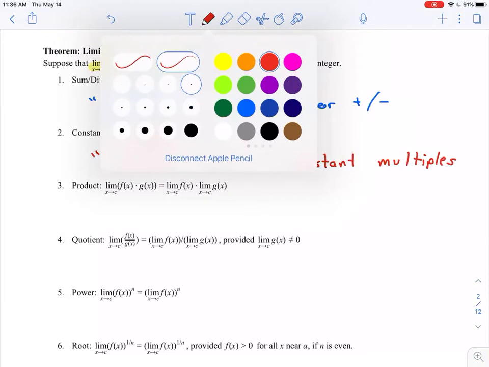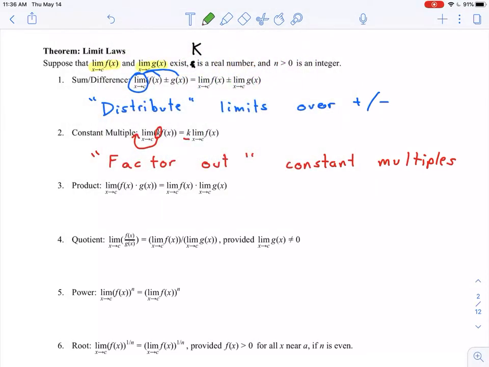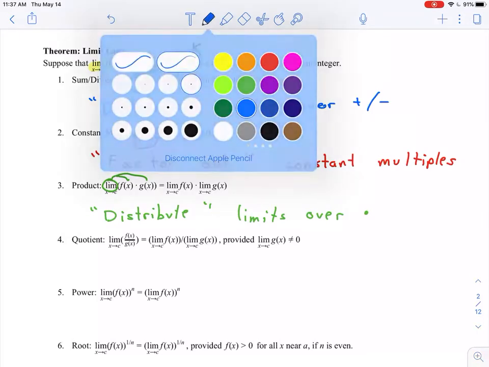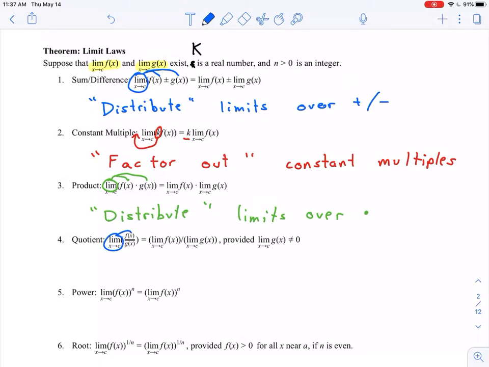The third and the fourth, we've got the product rule and the quotient rule here. Very similar again. The product rule essentially says I can take this limit and distribute that over multiplication. So again, we can, quote, distribute limits over multiplication. The quotient rule is a little bit harder to see because I changed the notation just so it wouldn't be too small. Essentially, this says I can take this limit and apply it to the numerator and the denominator.